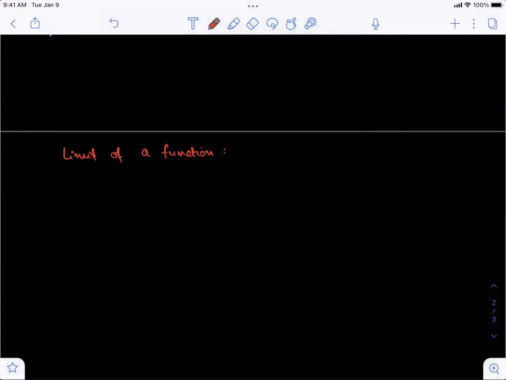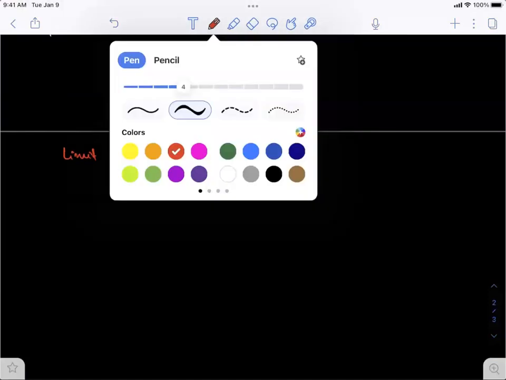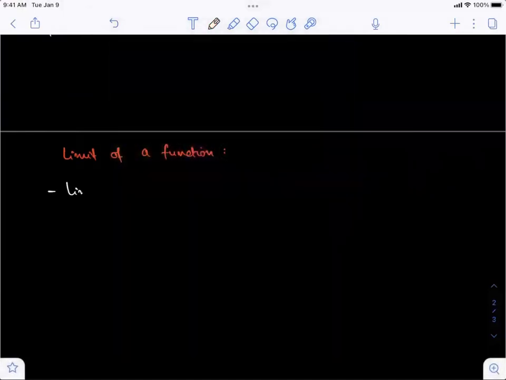To find the limit of a function, you can use the limit laws. There are a few different limit laws that we have learned so far. But the most widely used limit law that gets applied in the course is direct substitution.